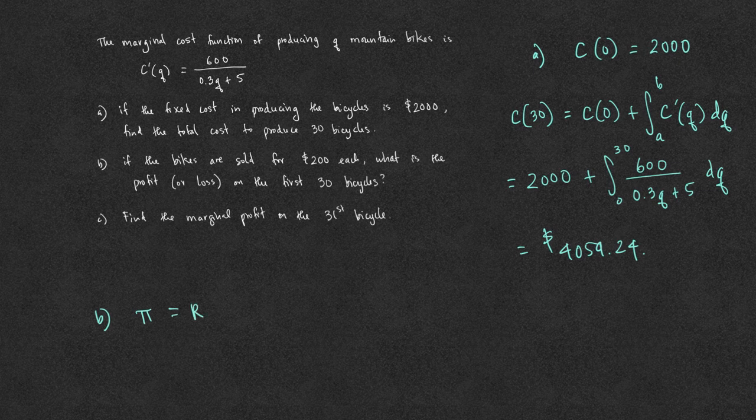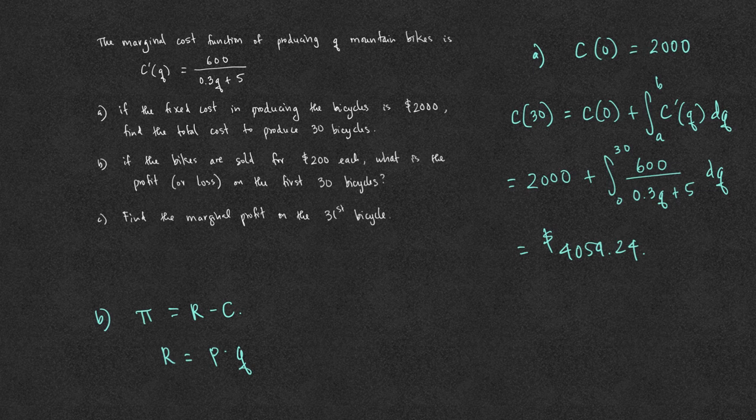For part B, the profit pi is the difference between the total revenue and the cost. The profit is the revenue minus the cost. But the revenue is the price P times the quantity sold, where P is the price per unit and Q is the number of bicycles sold.